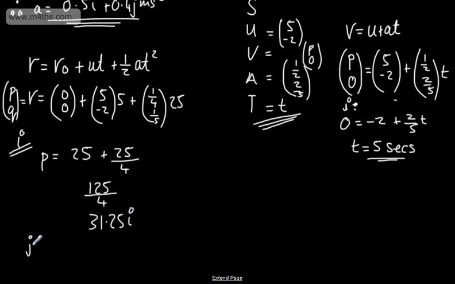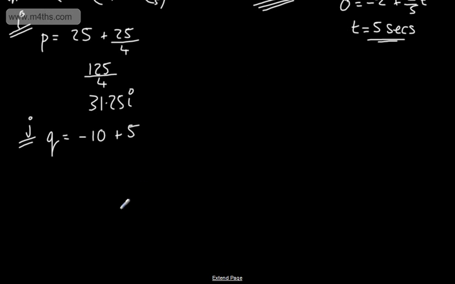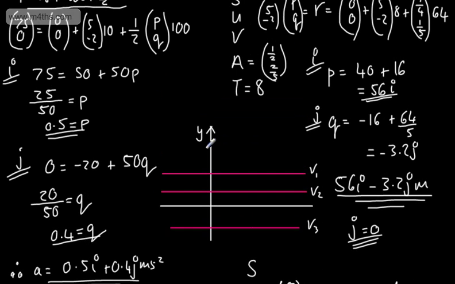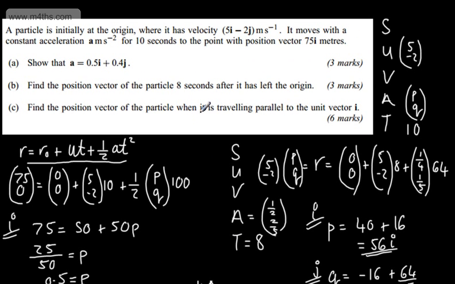If we now look at the j components, q is going to be equal to 0, then we've got negative 10 plus 1/5 of 25, which is 5. So that is negative 5j. So this is 31.25 i minus 5j meters. A double application of the constant acceleration equations, but all I'm doing is collecting the information and substituting it back in. So a nice little question.